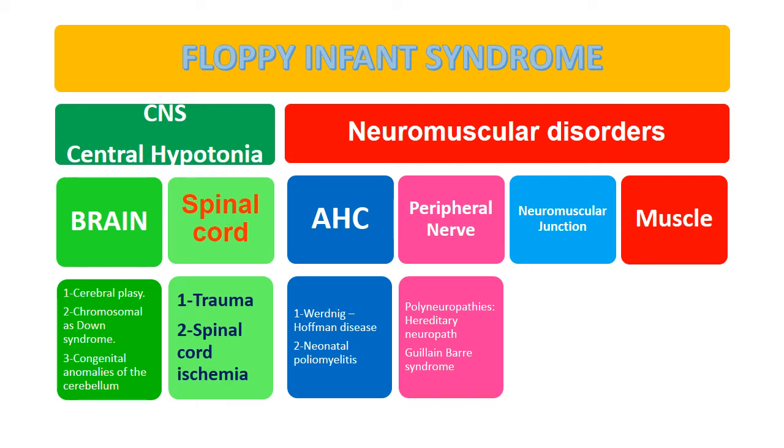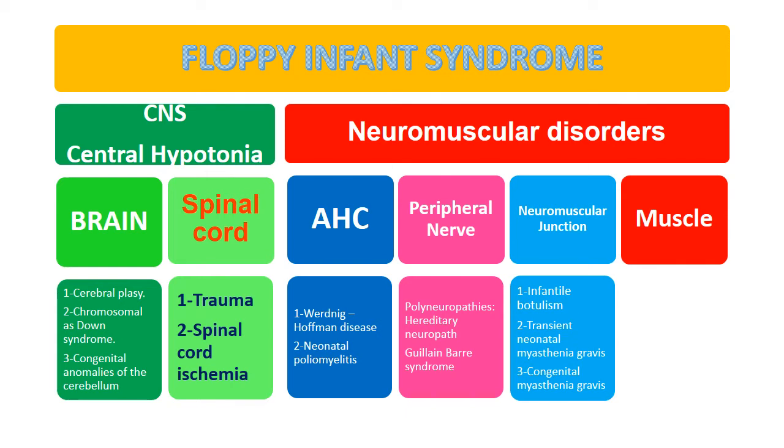Neuromuscular junction disorder could also be a cause, and infantile botulism, transient neonatal myasthenia gravis, and congenital myasthenia gravis are the major examples of neuromuscular junction disorders that can present as a floppy infant syndrome.